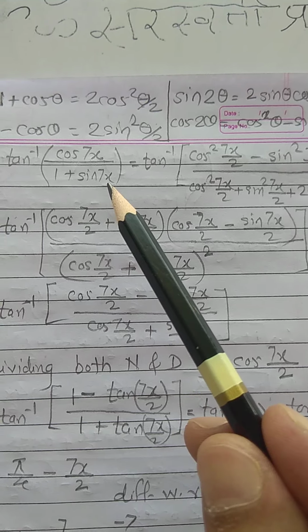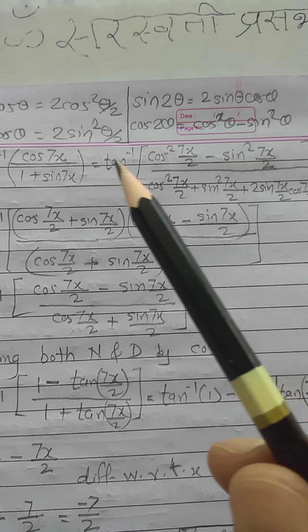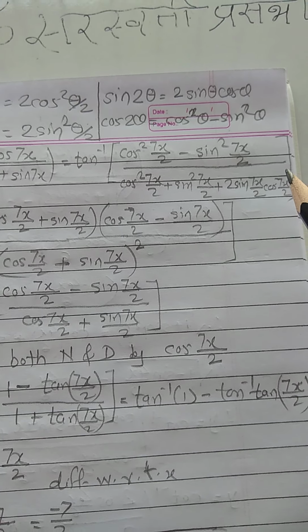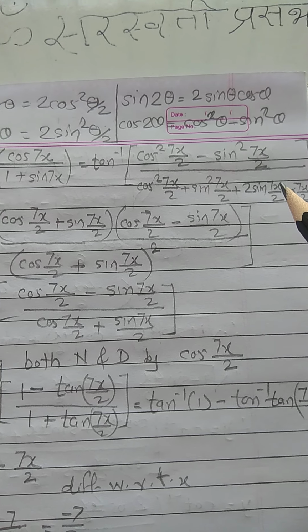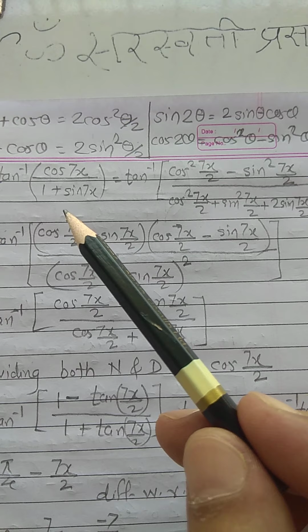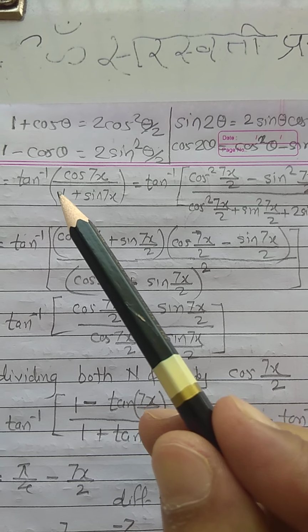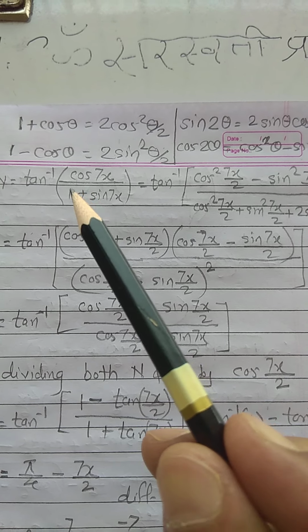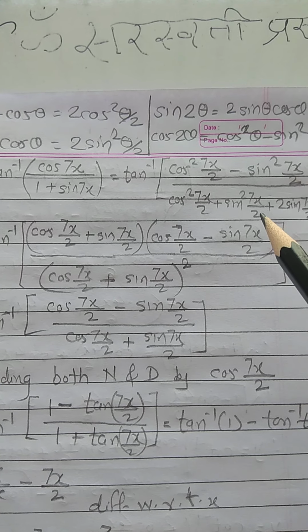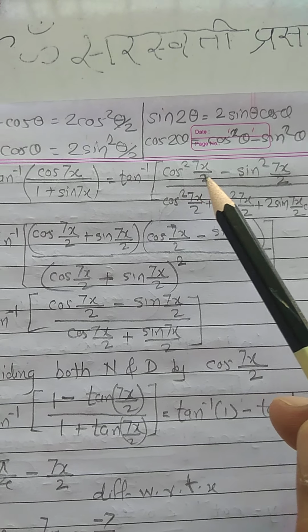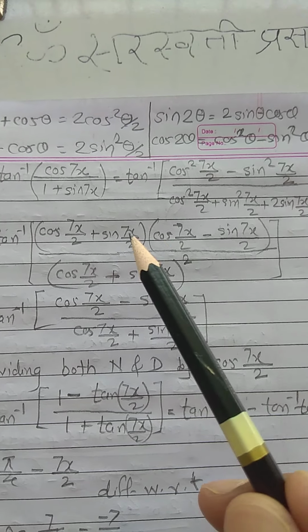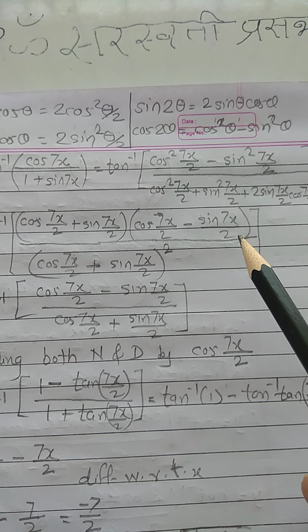Here sin double is 2 sin cos. We have to make half of the angle, that is 7x by 2. As we are interpreting the angles in 7x by 2, we should interpret sin square theta plus cos square theta with theta as 7x by 2 here. We can factorize that a square minus b square is equal to a plus b into a minus b.